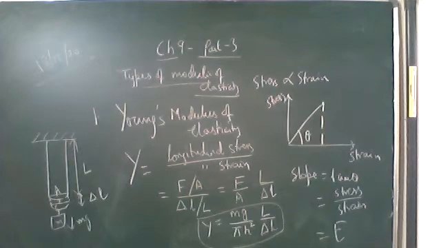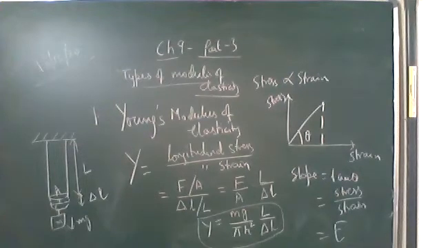So we consider a wire which is loaded at its free end by a weight mg. Let the cross-sectional area of the wire be capital A, and the cross-section of the wire will be a circle, and the area of the circle is pi r square.